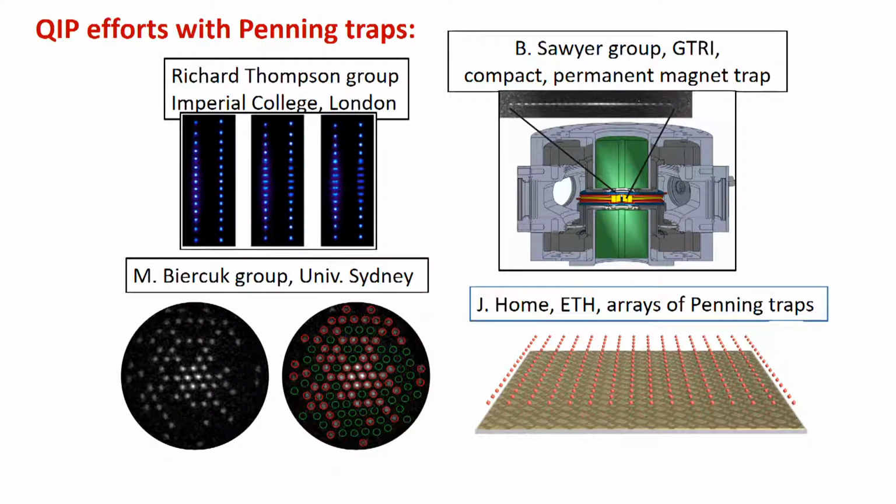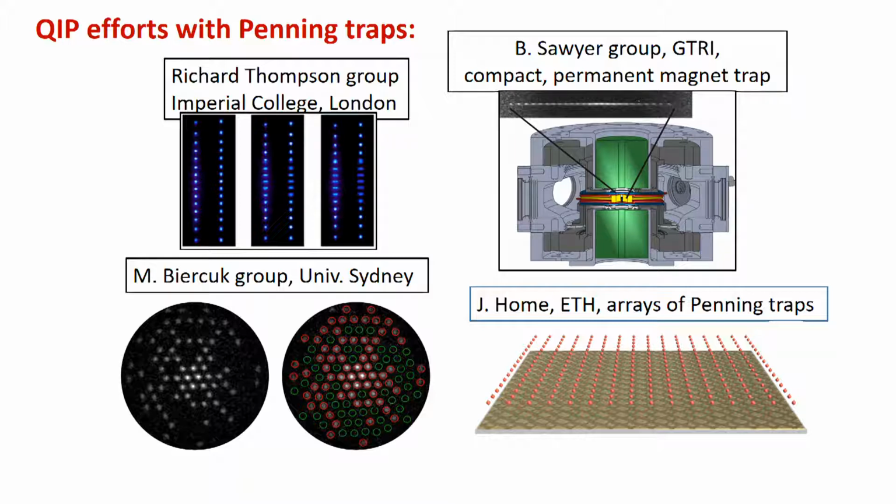I'd like to highlight that there are other groups investigating the potential of penning traps for quantum information processing. Richard Thompson's group at Imperial College has done some nice work demonstrating control of different configurations of ion crystals, in particular this linear string along the trap axis. Mike Biercuk's group has a setup similar to what I'm going to describe, and they've recently been able to demonstrate single-shot detection in the rotating frame of the crystal.